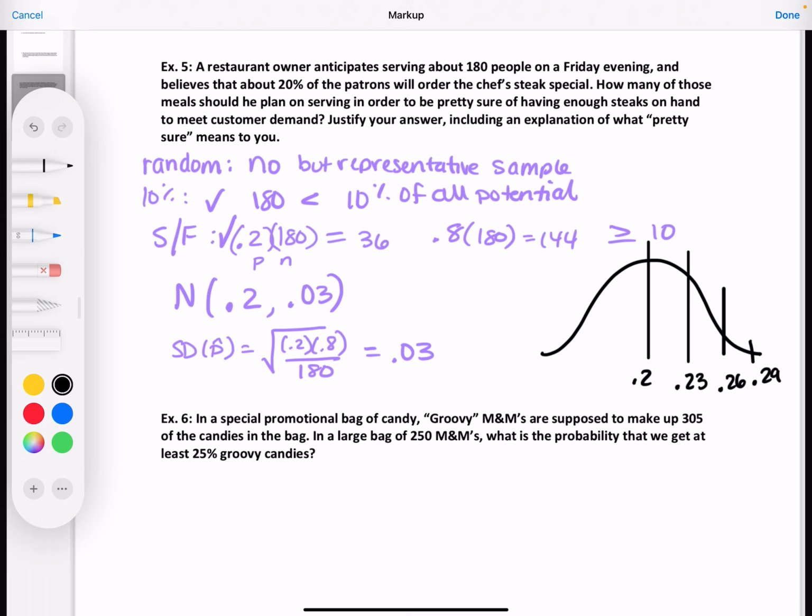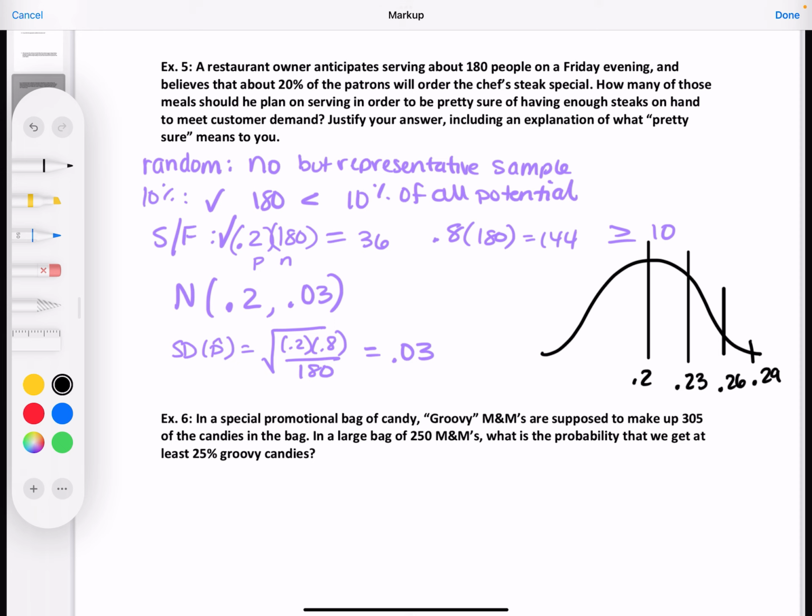Okay, so where would we consider unusual? Over 2 standard deviations above. So 0.26 would be 2 standard deviations above, but that doesn't mean 0.26 steaks. This is saying 26% of the people that come in, you're not going to have more than 26% of people ordering this special in theory.